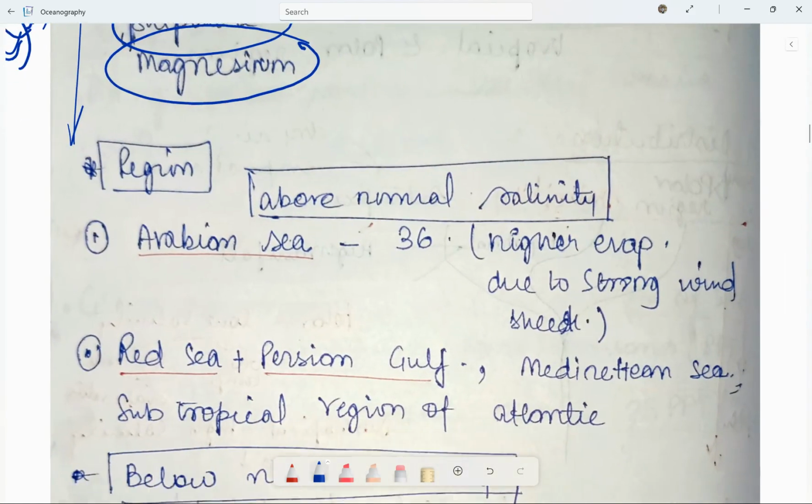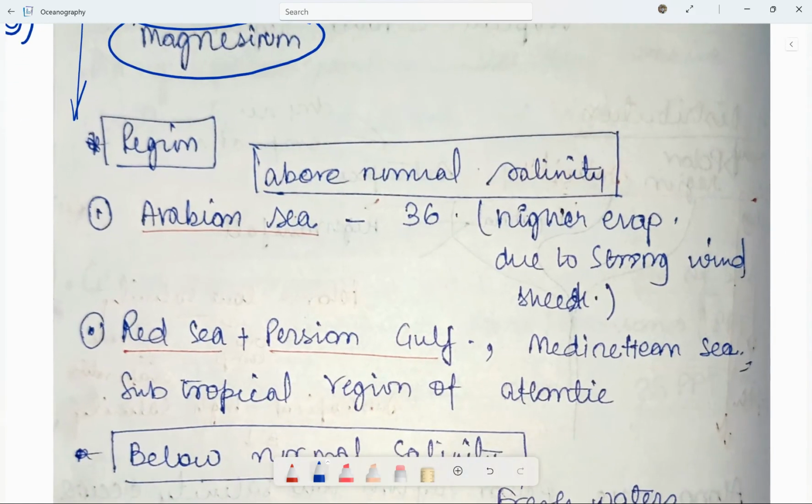Now regions. There are some regions where the salinity is above the average level, which is 35 ppt, and some regions where the salinity is very low. We have studied the factors for increase in salinity and for decrease in salinity. Now there are seas.